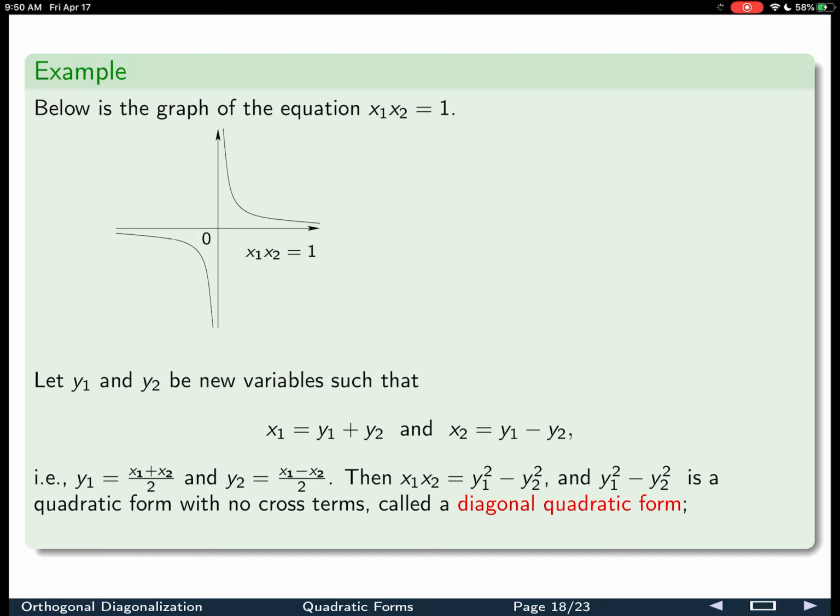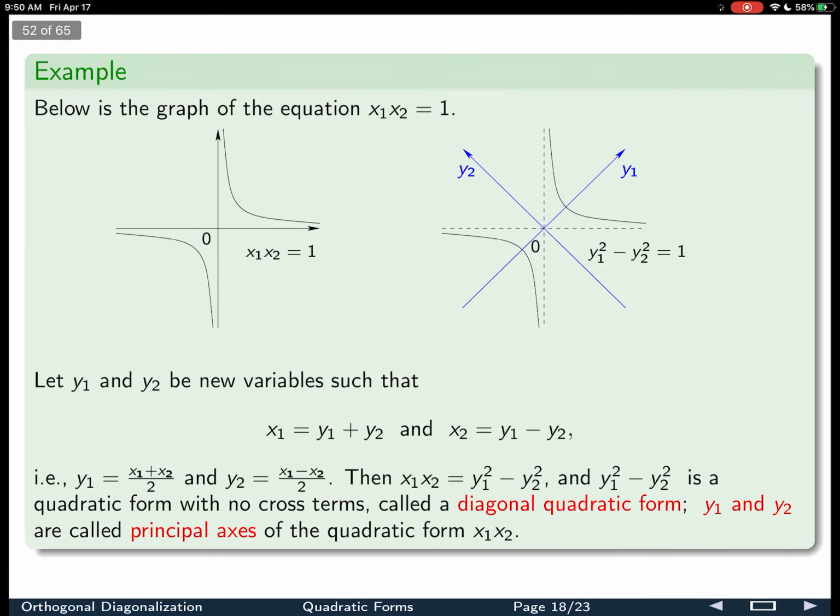Notice that those variables give you a nice quadratic form that doesn't have any cross terms. And then y1 and y2 are the principal axes, that show you the places where symmetry happens across that curve that you were given initially, that conic.